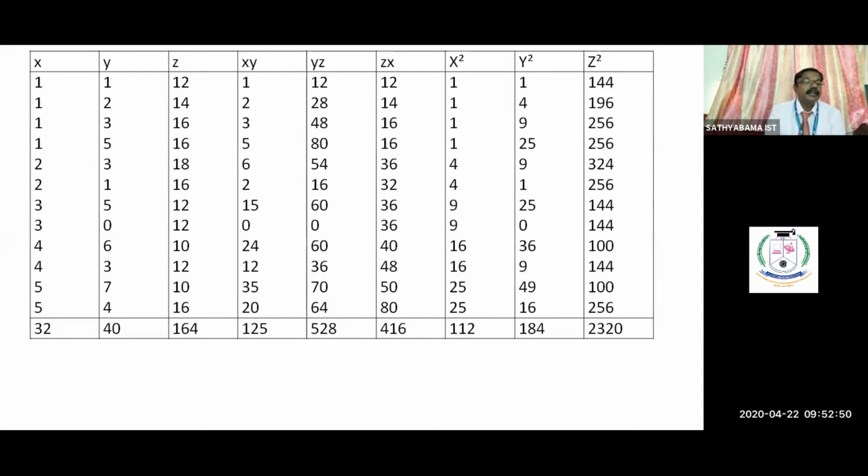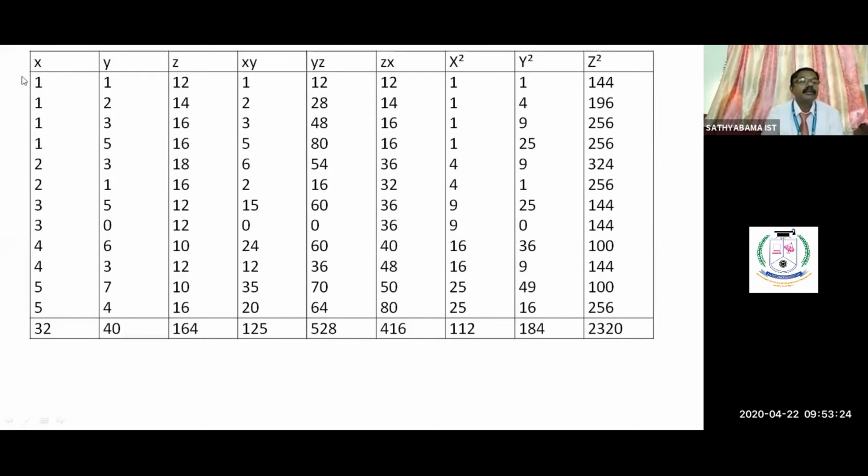Sigma x is 32, sigma y is 40, sigma z is 64, sigma xy is 125, sigma yz is 528, sigma x square is 112, sigma y square is 184, sigma z square is 2320.